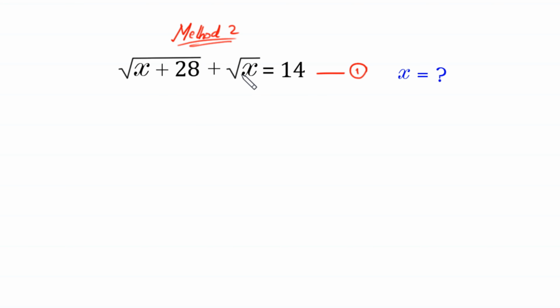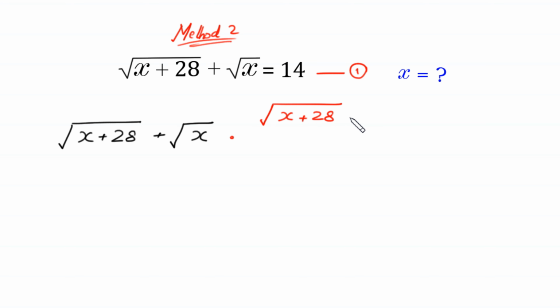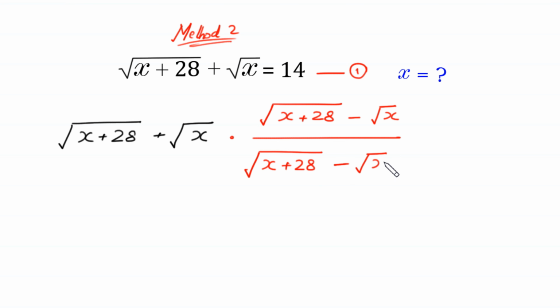Now we multiply and divide this expression by the conjugate of this expression, like this, square root of x plus 28 plus square root of x, and we multiply this expression by the conjugate of this expression, square root of x plus 28 minus square root of x, and we divide this expression by the conjugate of this expression, square root of x plus 28 minus square root of x is equal to 14.